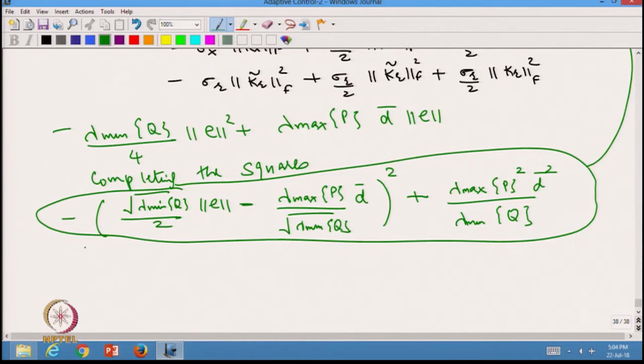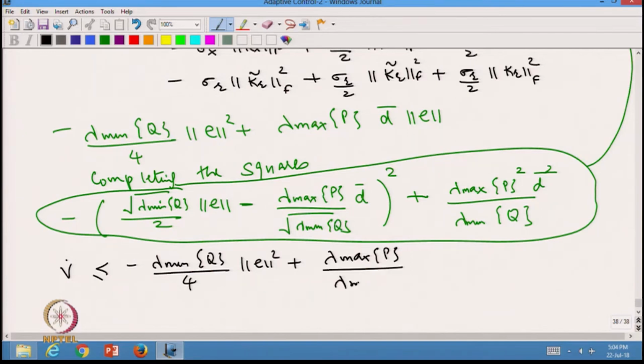What we are left with is V dot is less than equal to minus lambda min of Q over 4 E square plus lambda max of P square over lambda min of Q times d bar square.